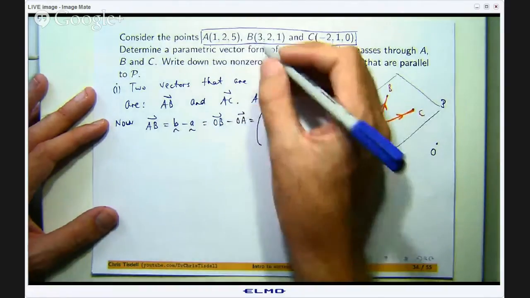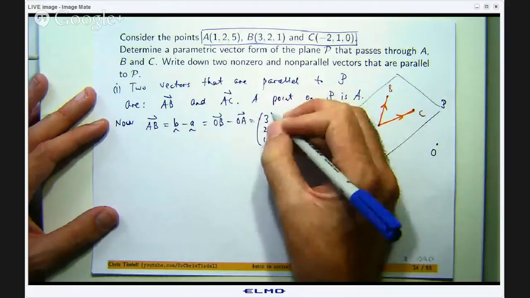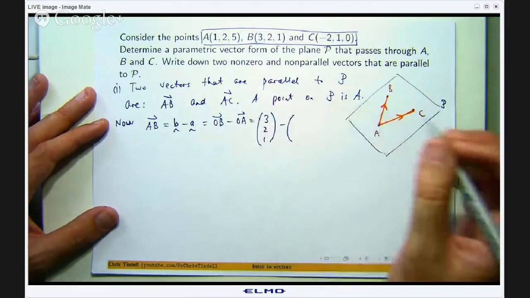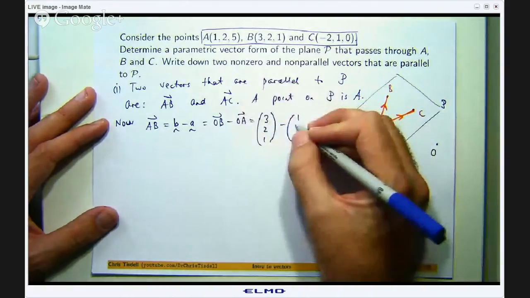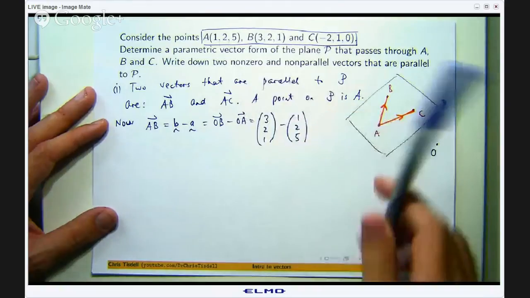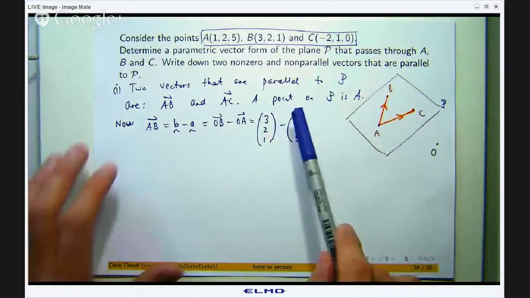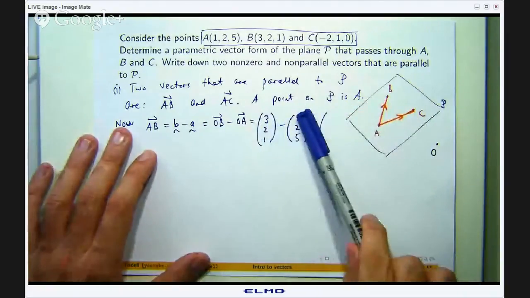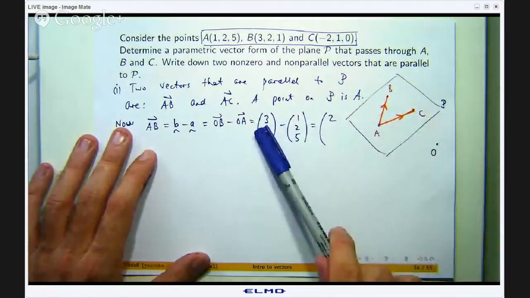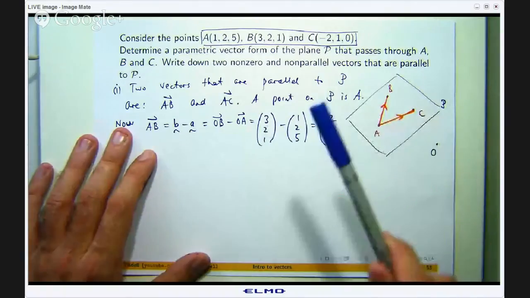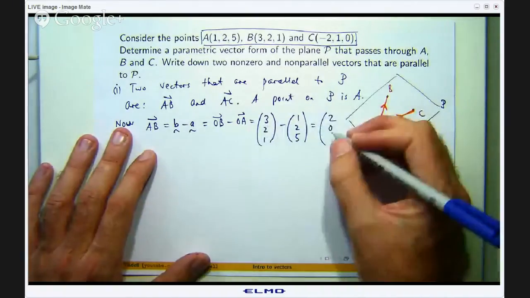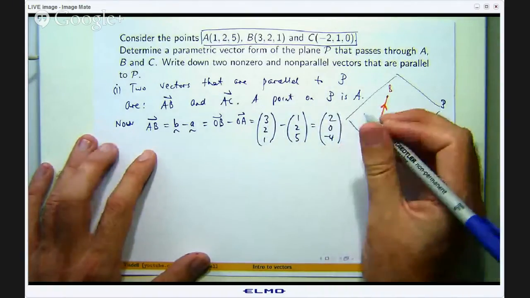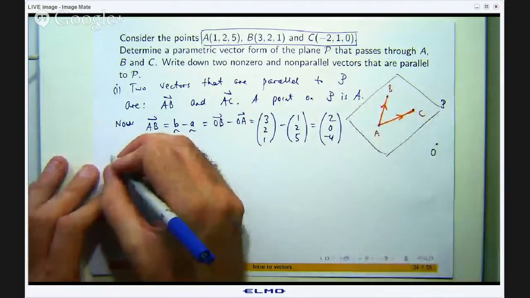OB would be 3, 2, 1 written as a column. OA would be 1, 2, 5 written as a column, and to take one away from the other, you just work in a component-wise fashion. So 3 minus 1 gives you the first component, 2 minus 2 gives you the second component, and 1 minus 5 gives you the third component. So that's that done.